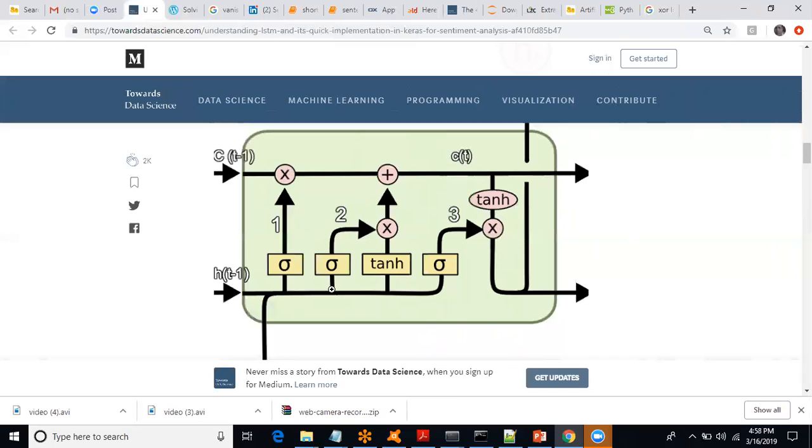After saving, the valid nodes go forward. Every node requires an activation function, that is tanh. So let's say you collected a few words from the previous step, which are good to pass through, and saved in this memory unit, C t minus 1.